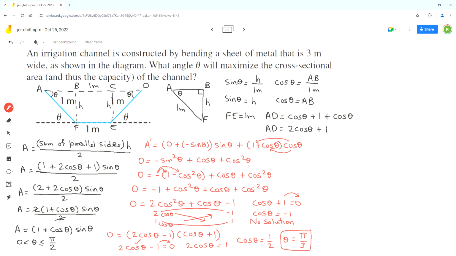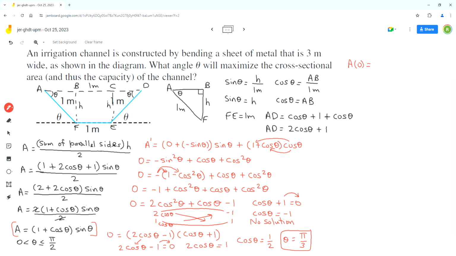So we can start with the lower limit for the domain. So we'll sub in these angle values in the area equation. So this is the equation we'll use. So we'll start with theta equals 0.